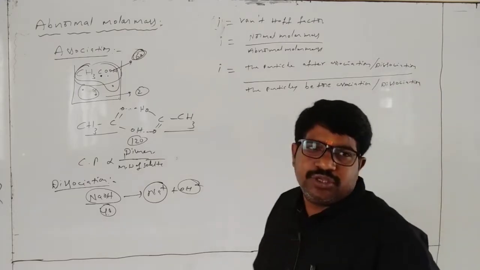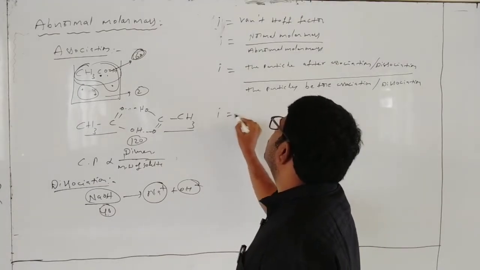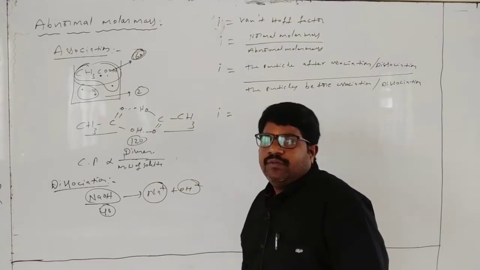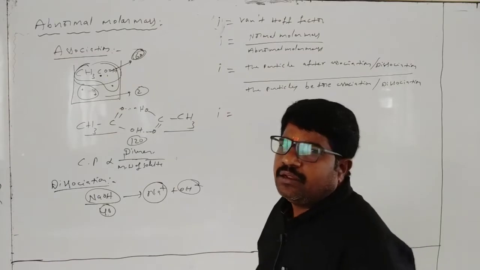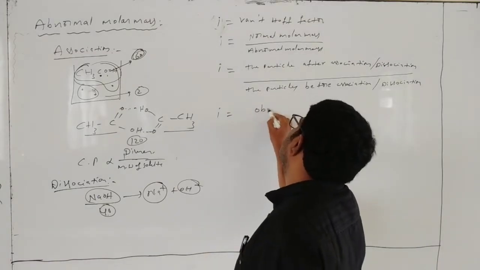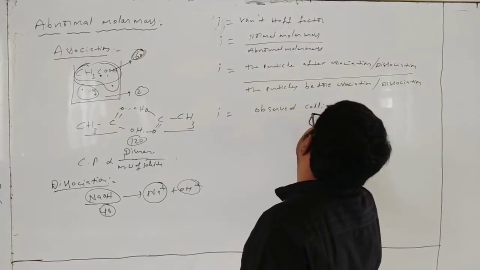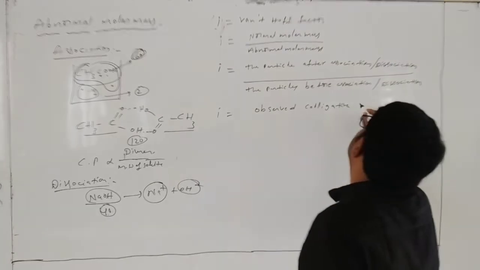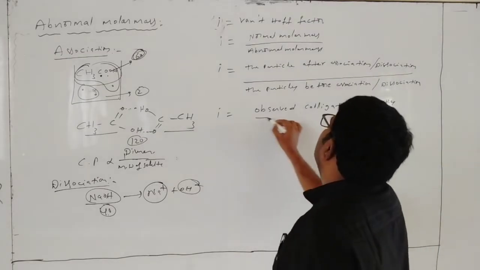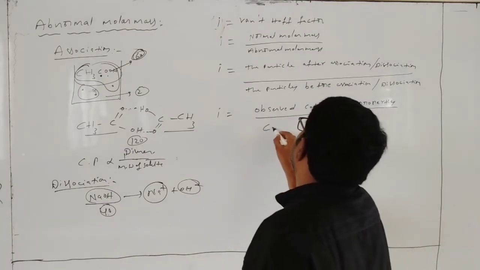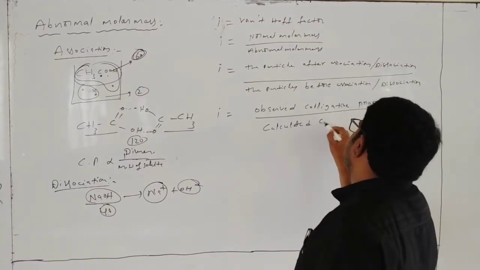One more definition is with respect to colligative property: i is equal to the observed colligative property by the calculated colligative property.